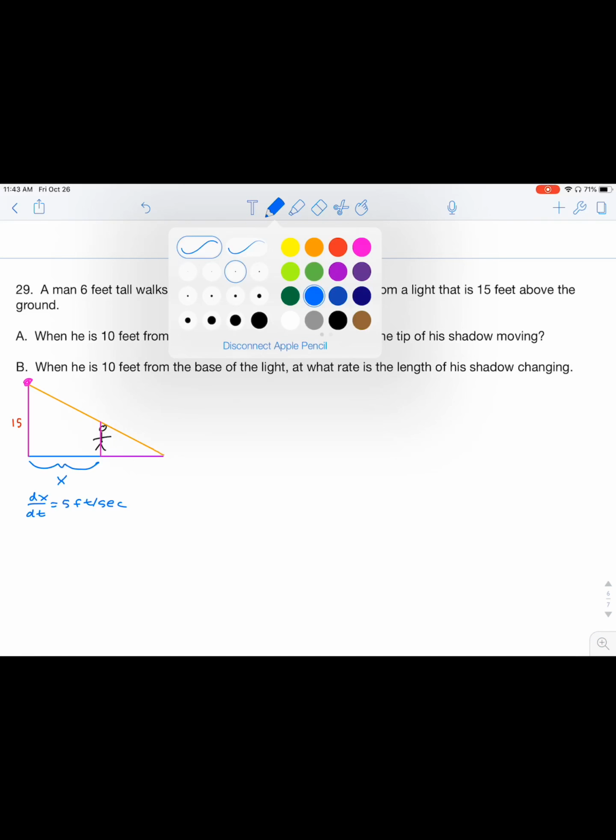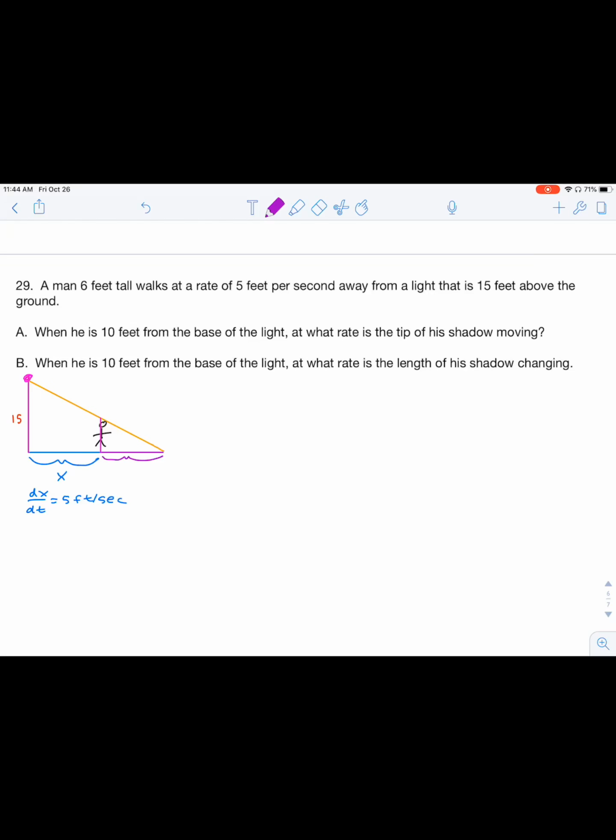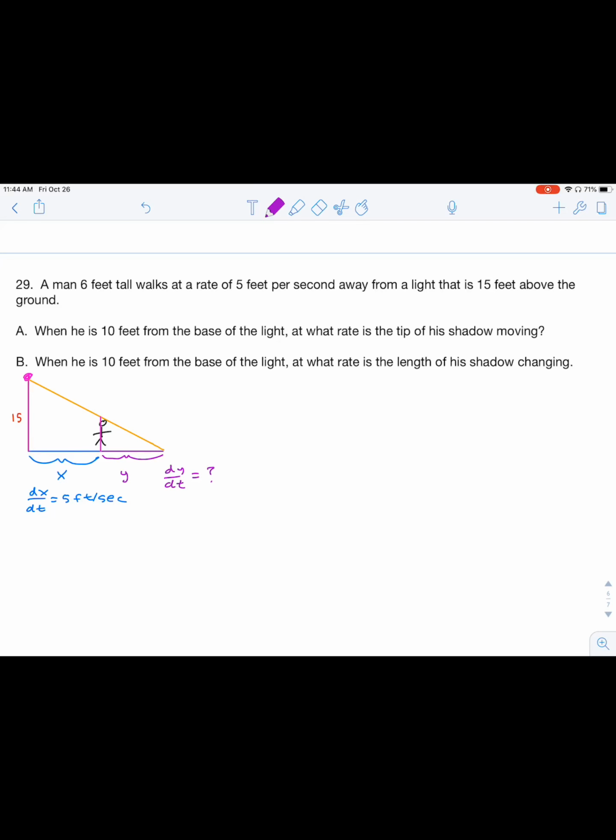The other piece to this, though, is his shadow. And the tip of his shadow, the distance between the tip of the shadow and him would be y, and then the rate that the tip of the shadow is moving would be dy/dt, which is, of course, what we're trying to figure out.